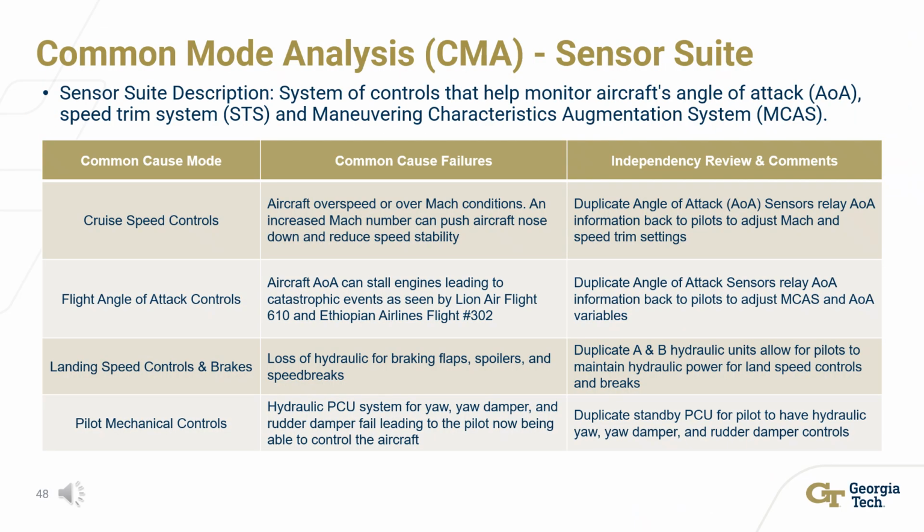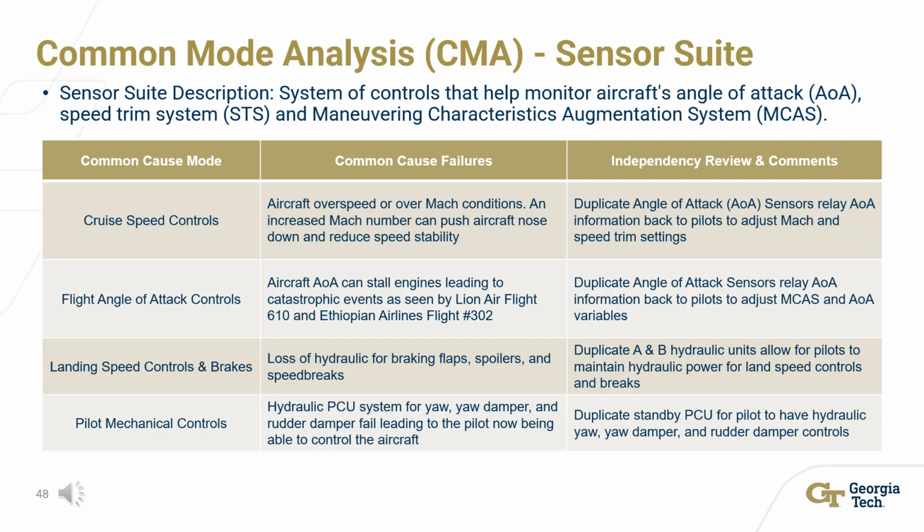In this part of the CMA, we look at the sensor suite, which helps monitor the aircraft's angle of attack, speed trim system, and MCAS system. Common cause modes listed on the left include cruise speed controls, flight angle of attack controls, landing speed controls and brakes, and the pilot mechanical controls. Corresponding common cause failures and independency review and comments are also listed.